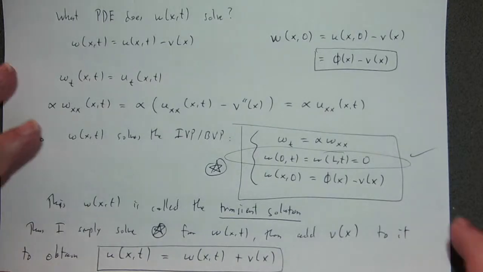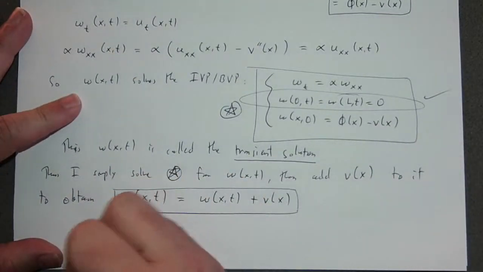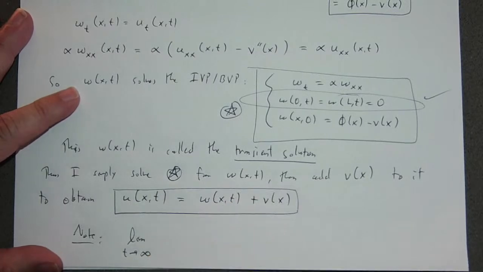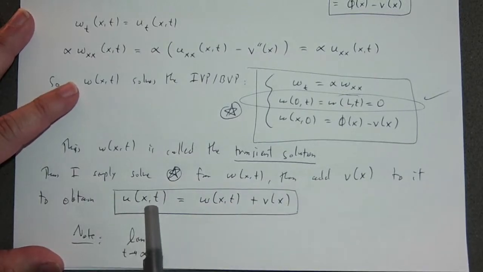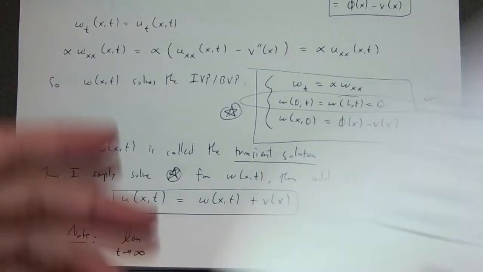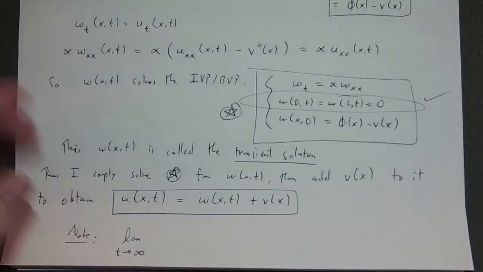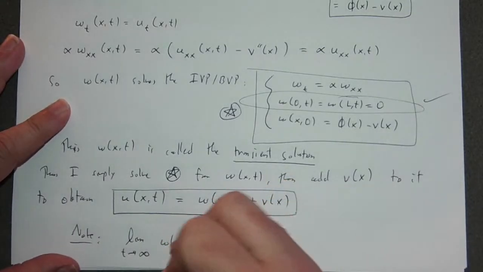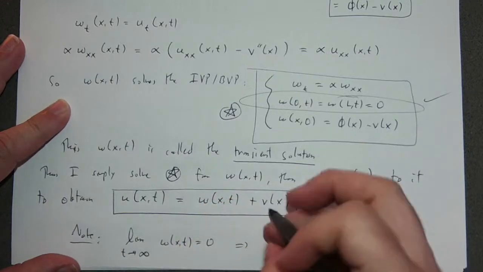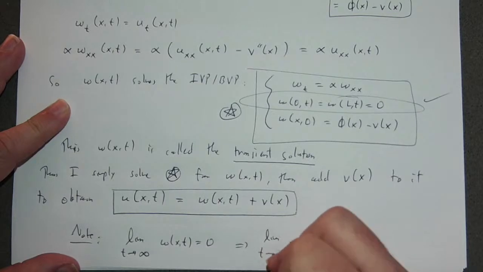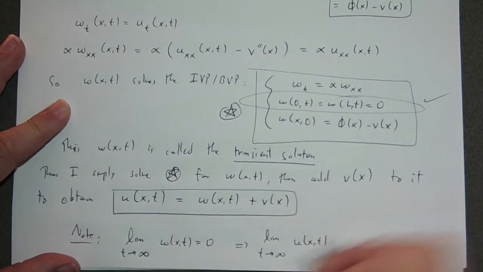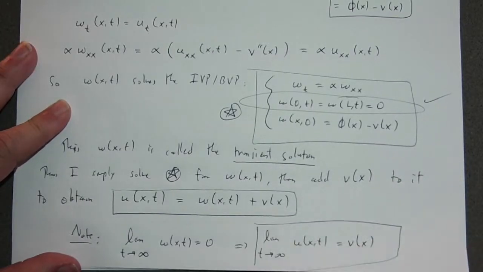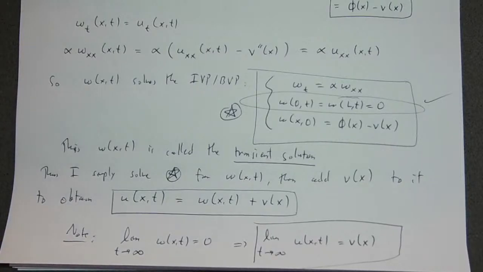Note that if the limit as t goes to infinity of U of x,t is going to be V of x, as we wrote, then the limit of W needs to be 0. Thus, we call V the steady state solution.